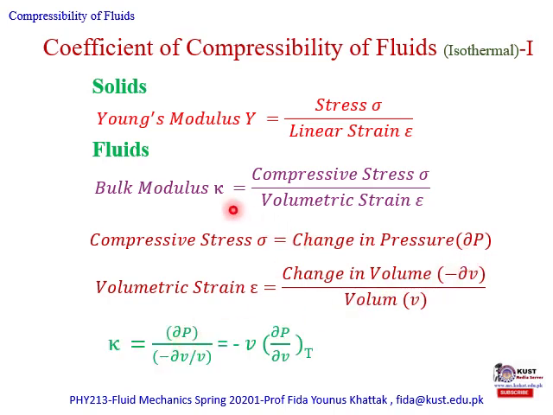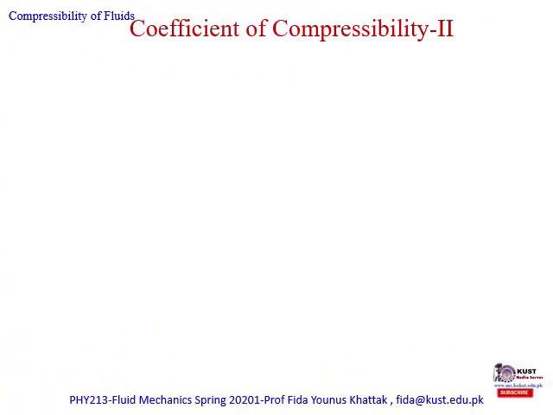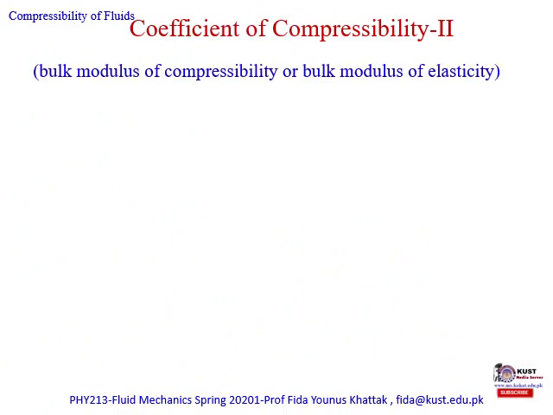If we denote this bulk modulus by kappa and use these definitions, we have the variations in pressure with the variation in volume per unit volume. Rearranging this equation, we have kappa is equal to minus V, which is the volume, times del P over del V at constant T, which is the temperature. The coefficient of compressibility is also known as bulk modulus of compressibility or bulk modulus of elasticity.